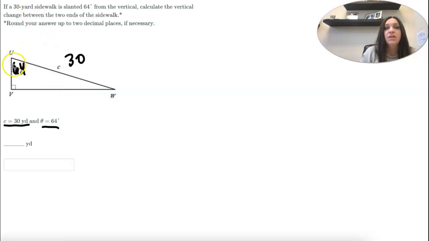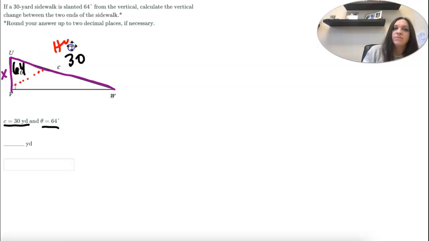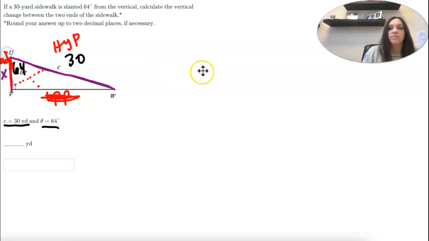So, a 30-yard sidewalk, here's the sidewalk, it's slanted 64 degrees from the vertical. Calculate the vertical change. Alright, that's that. So let's see what we got. We know the hypotenuse. We do not know the opposite, so we're not going to use that one. We're trying to find the adjacent.